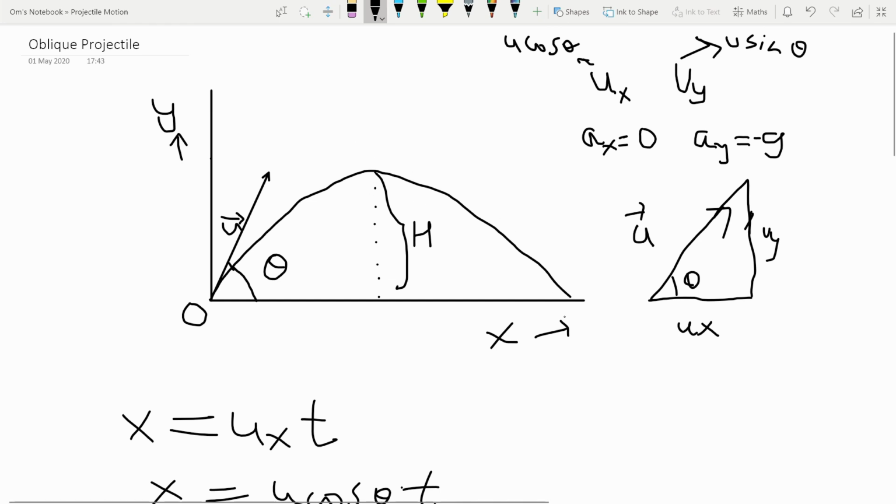So an interesting thing to see over here is that this path is actually symmetric. There is nothing to distinguish this side of its path from this side of its path.